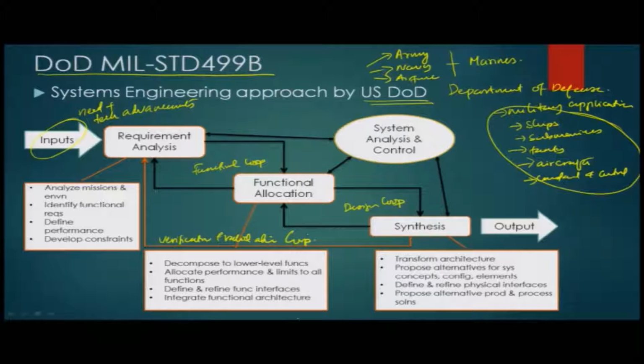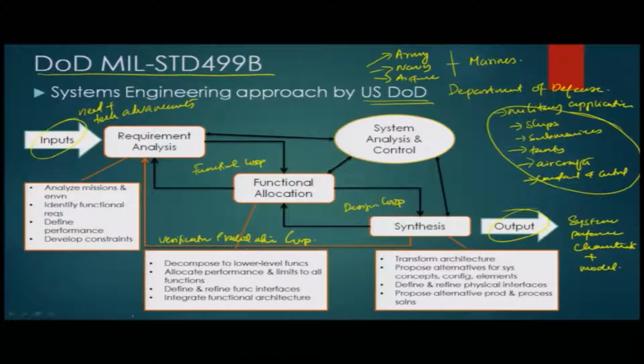Okay. So, these different loops we talked about, and then we have what we call as system analysis and control, where you are basically controlling the different steps throughout this to realize what we call as a system performance characteristics plus model. So, you are choosing the particular model and establishing its performance characteristics. So, that is the output of the system.